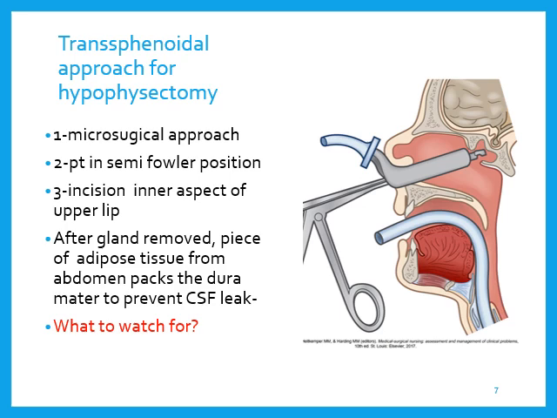So you can imagine, and look here, after the gland is removed, a piece of adipose tissue from the abdomen packs the dura mater to prevent CSF leak. So if I could point to you, you can see kind of around the brain where the cerebrospinal fluid is. And that plug needs to be put in there so there's no leak.